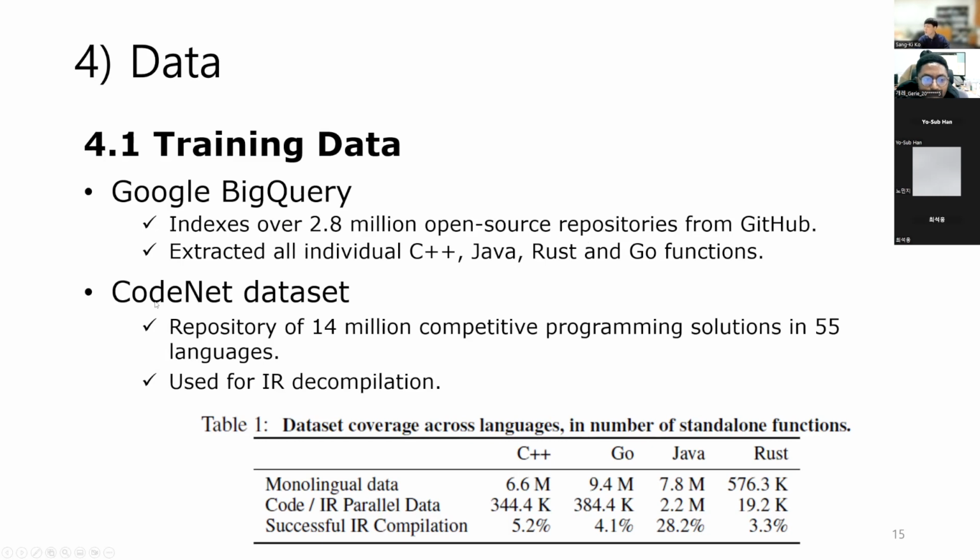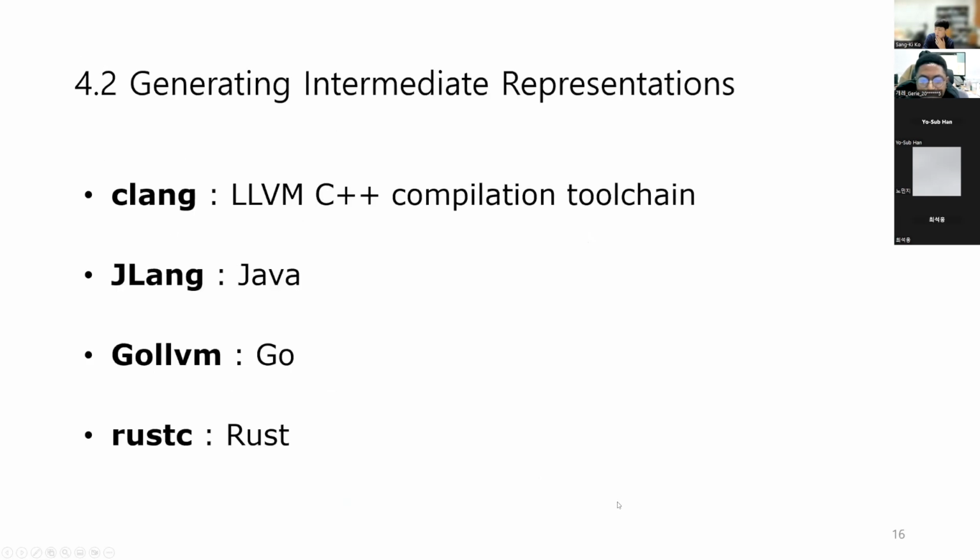So for the decompilation, they use a coordinate dataset. These are the composition, the amount of data used in this paper. For generating IR representation, Clang for C++, JLang for Java, these all are used for the respective programming languages.